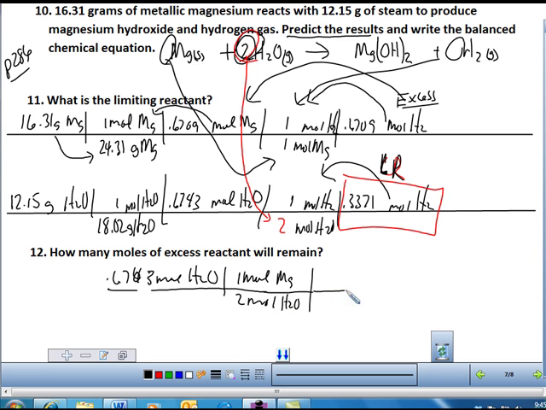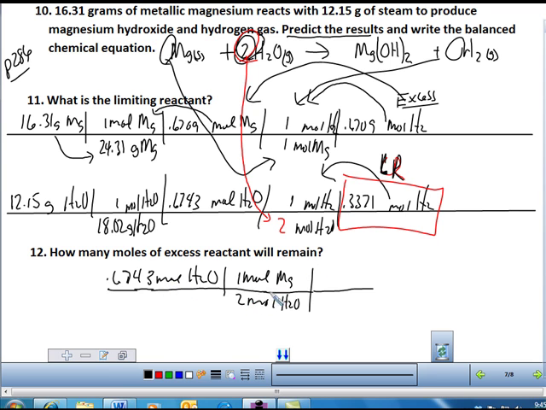Does everybody follow what we're doing here, Ms. Wong? We're trying to figure out how many moles of magnesium we're going to use now that we've determined that water is a limiting reactant. How many moles of magnesium are we going to use when we use up all this water?